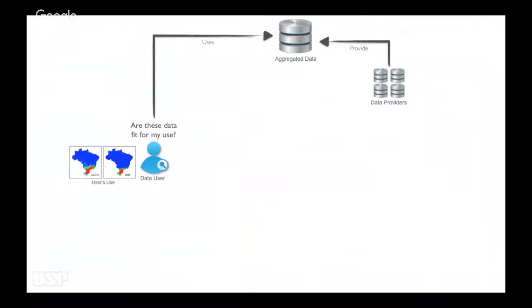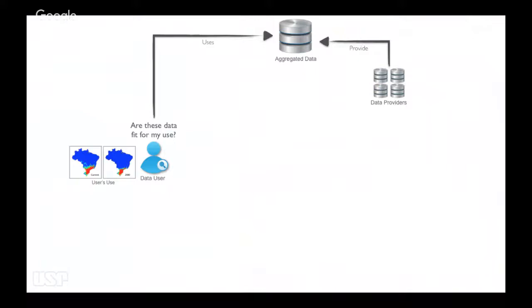Today we have a lot of data providers around the world, and thanks to some standards and protocols, we are able to put all of this data together, aggregated in aggregators such as the Global Biodiversity Information Facility, GBIF, and other national aggregators.